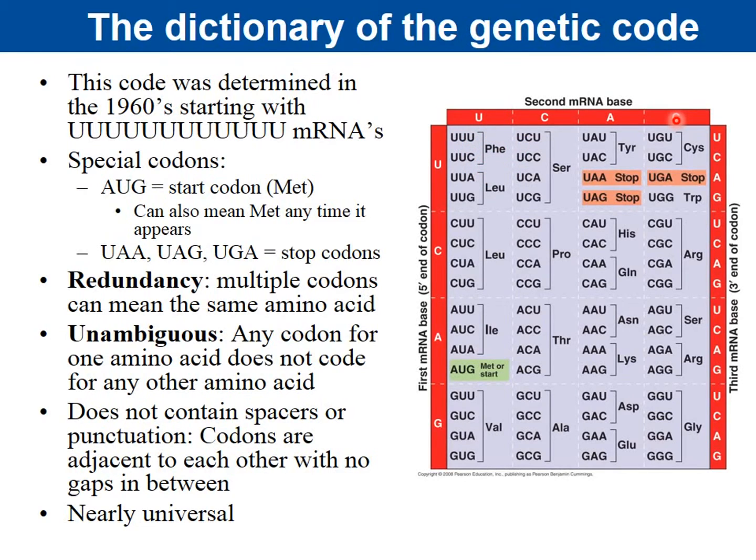Another feature of the genetic code is that it doesn't contain spacers or punctuation, meaning that codons are directly next to one another with no gaps in between. And then lastly, the genetic code is nearly universal, meaning that the same genetic code is used for bacteria, humans, mice, worms. Okay, and so this genetic code is universal across many, many organisms.